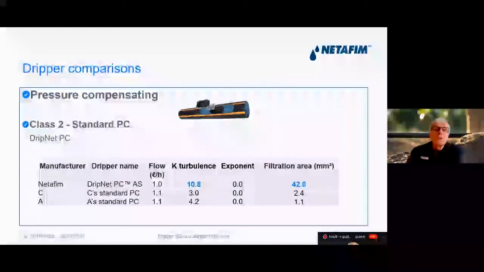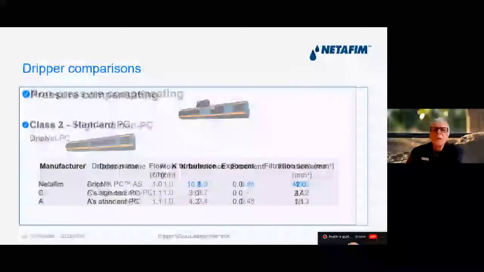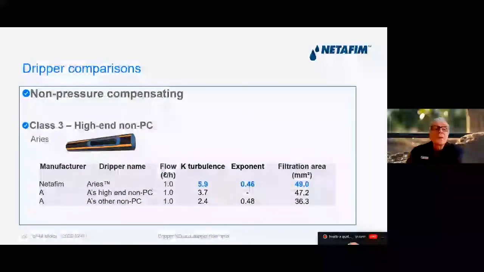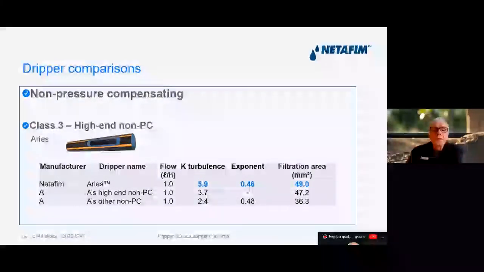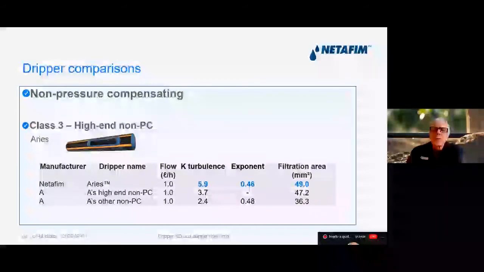Then I take the DripNet PC. Same thing. Our turbulence coefficient is 10.8. The filtration area is 42 square millimeters, and it's superior. Then if I go to the non-PC drippers, the turbulence coefficient on Aries is 5.9.